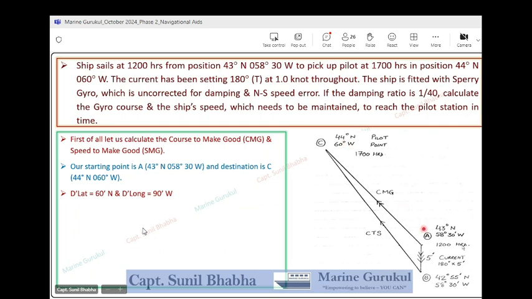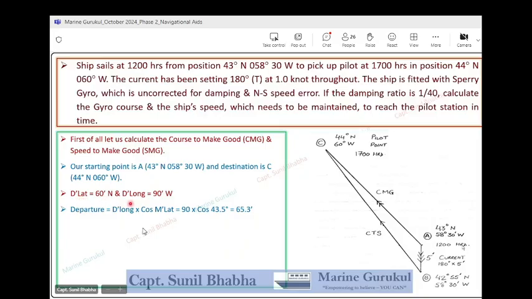So if you see the D-lat between these two positions, 43 degrees north and 44 degrees north, is equal to 60 minutes. So D-lat is equal to 60 minutes, and the D-long is equal to 90 minutes west. We are starting from 058 30 west going up to 060 west. So the total D-long between these two positions is 90 minutes west.